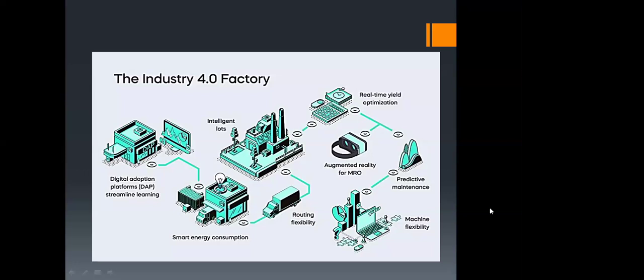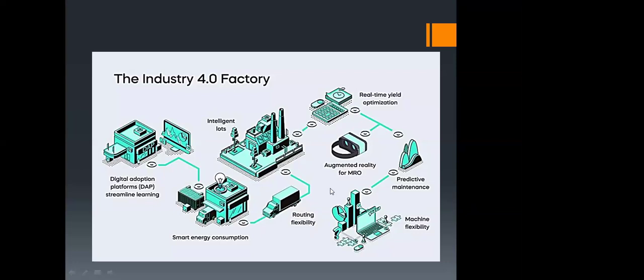So these are the advantages we can get if we implement all these techniques in a factory. And this is how an Industry 4.0 factory looks like. This is one visual representation of an Industry 4.0 factory.